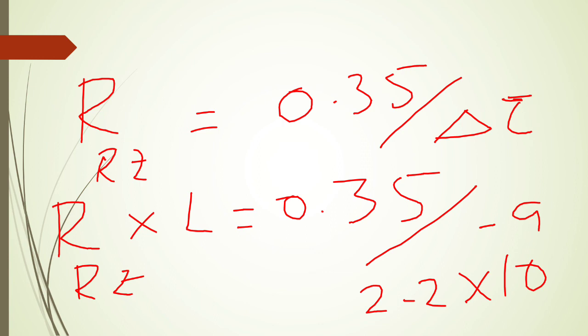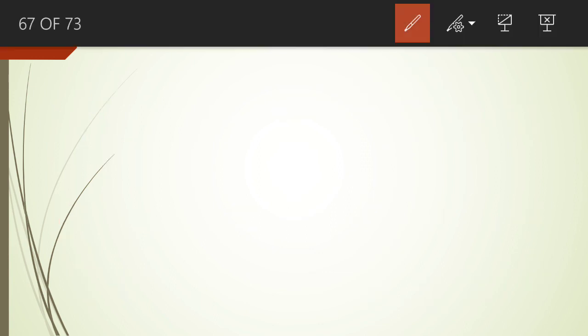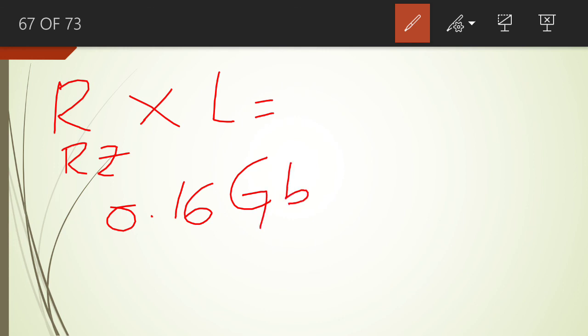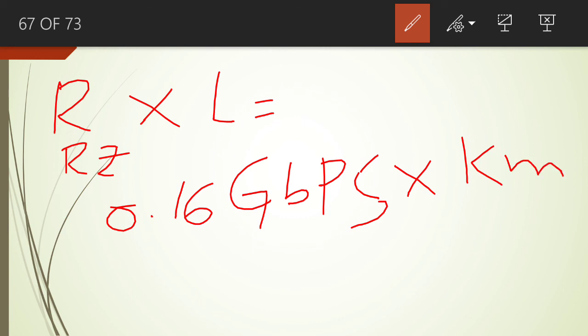The answer is, let me write down the answer for you guys. So we have RZ into L, so that is equal to 0.16 gigabits per second into kilometer.